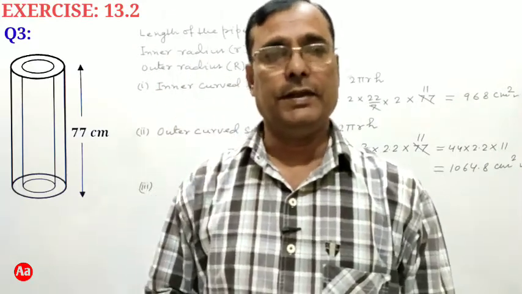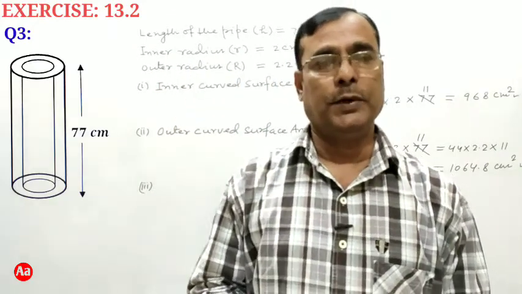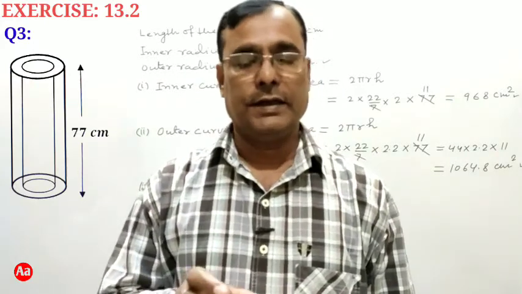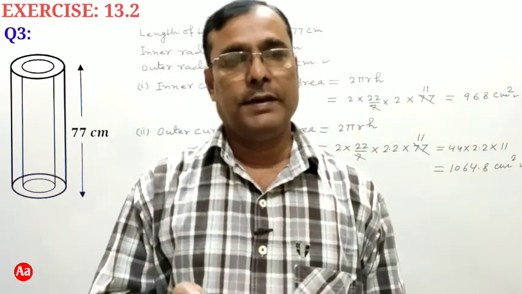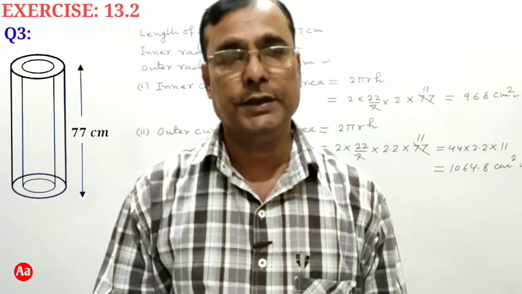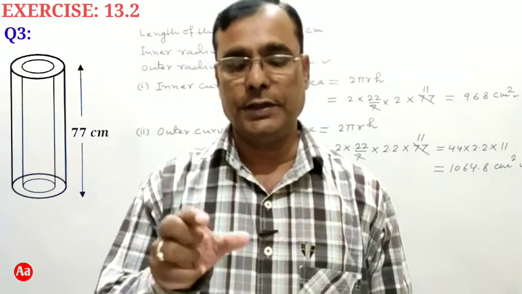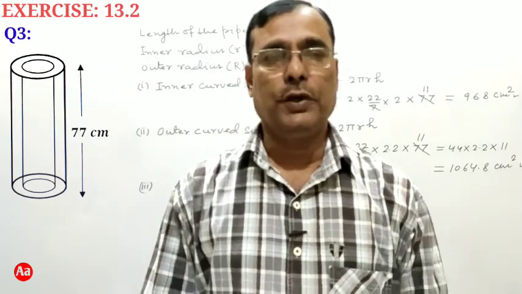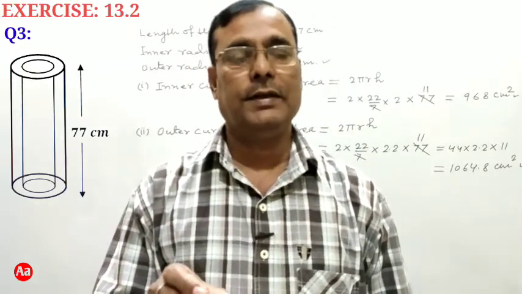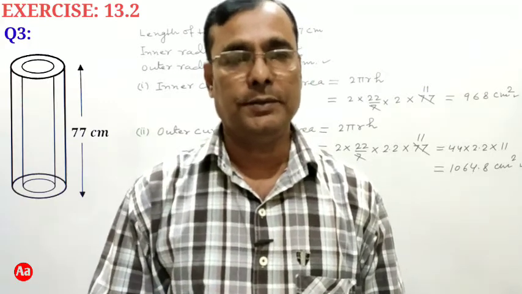As it is given in the question, the thickness of the pipe is 0.2 centimeter. Inner diameter is 4 centimeter and outer diameter is 4.4 centimeter. Inner radius 2 centimeter, outer radius 2.2 centimeter. So the thickness of the pipe is 0.2 centimeter.